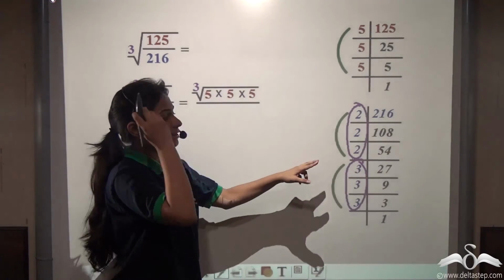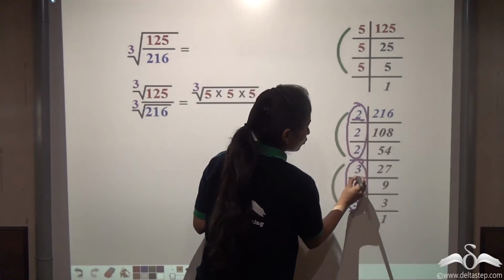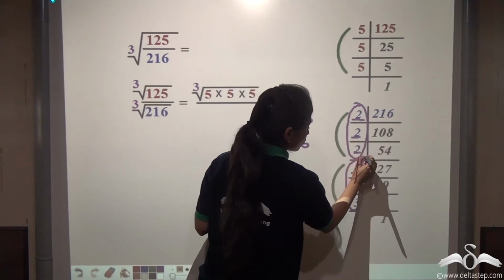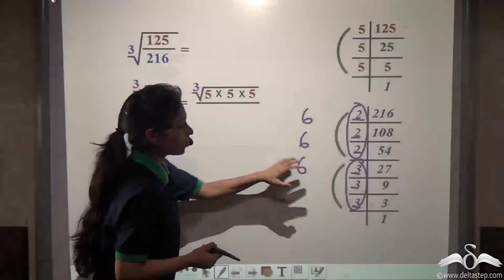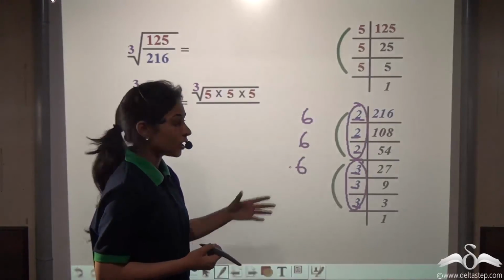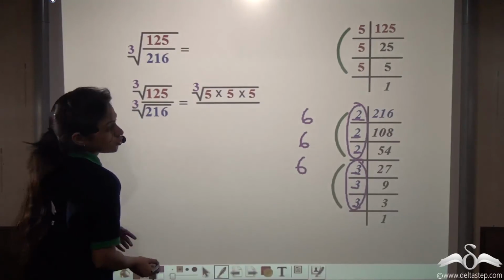Now can you represent this number in a different style? Well, we can say that 2 into 3, 6, 2 into 3, 6, 2 into 3, 6. So again, we get a group of 3 of the number 6 here. So even this can be written here. So there are two ways to write this.